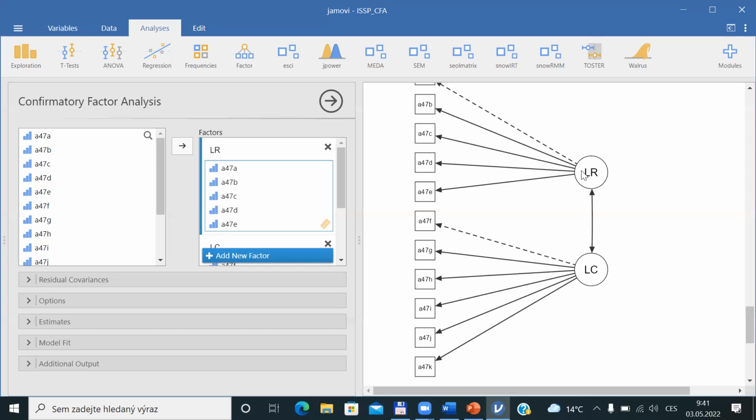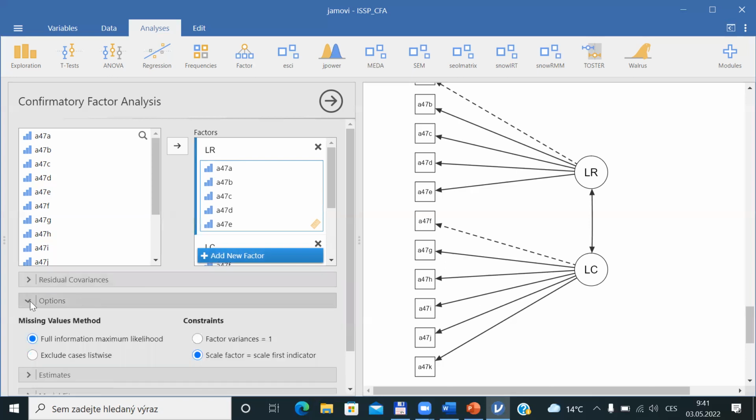And there are 2 options in Jamovi. The same options are applied in other packages, so you will find the same option in JASP as well as in AMOS, SmartPLS, EQS, or Mplus. And these options in Jamovi are present here in the options, and here on the right side there are 2 options.